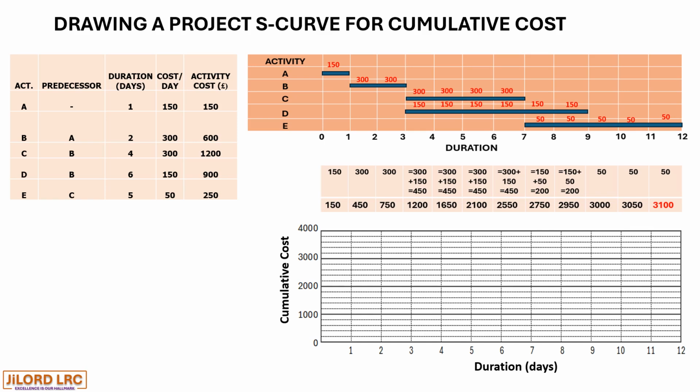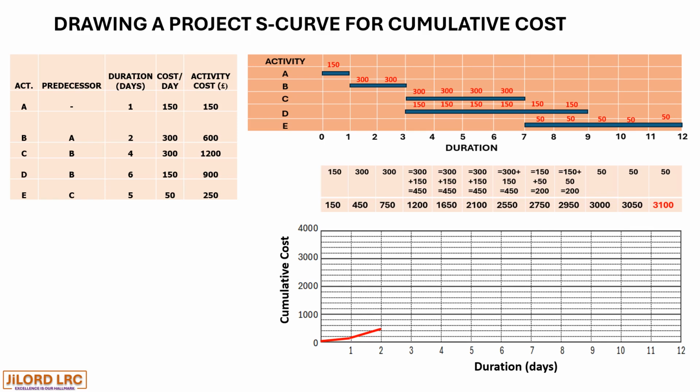For the first day, we have a cumulative cost of 150. So that is marked on the graph as seen. For the second day, we have a total cumulative cost of 450. So we proceed and mark 450 on the graph.